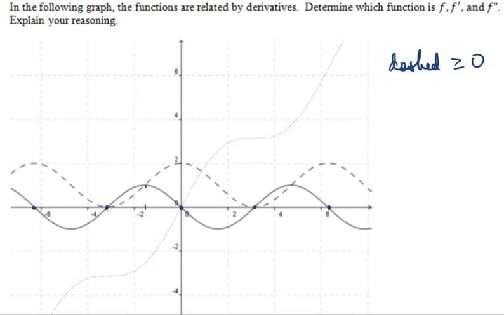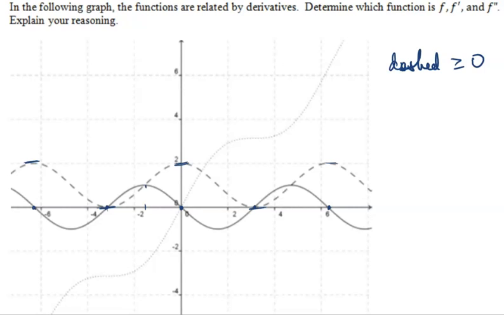So I see these points, all of those points are x-intercepts on the solid function. And then if I look to see what's happening on the dashed function at each of those points, I notice that I have horizontal tangents at each of those points. Okay?